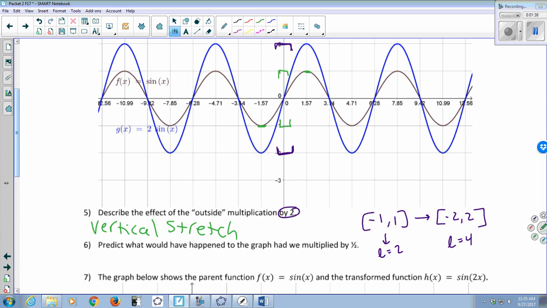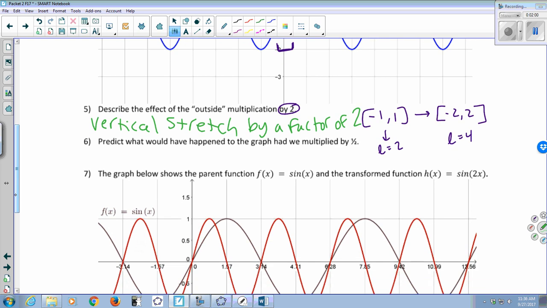So I'll describe this as a vertical stretch by a factor of 2. The word factor indicates multiplication, right? It's part of a multiplication problem, or its factors. So it's a vertical stretch by a factor of 2. What do you think would have happened if I had multiplied by a half instead of by 2?